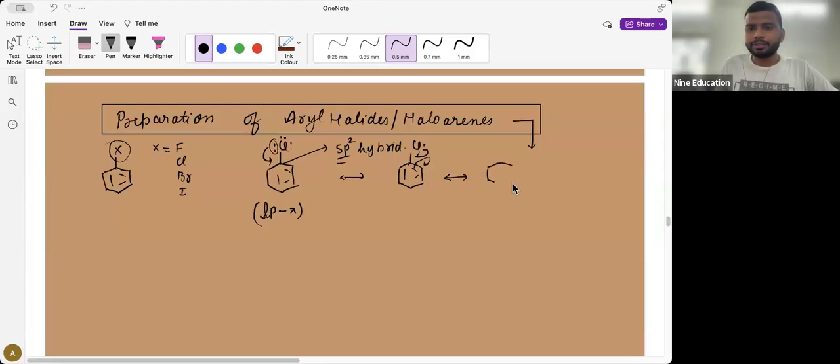If this comes on the carbon atom, it will make it negative. This will become a double bond, and chlorine will become positive. The rest of the bonds are the same. Again, negative on single bond, double bond on carbon atom.